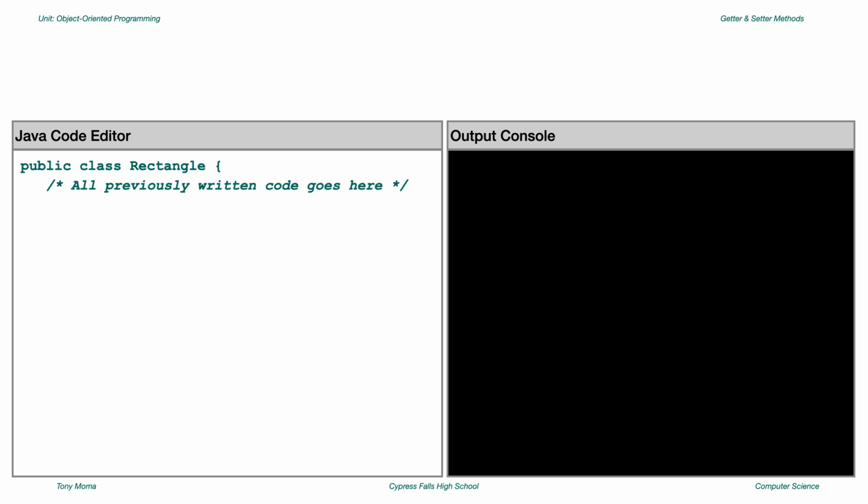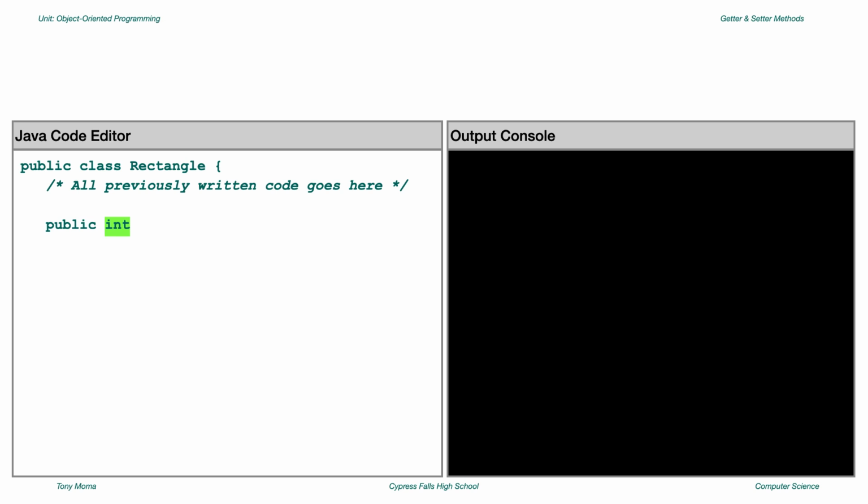Now, to the getter method. How do we write a getter method? First rule of thumb, getter methods are always public. Next, the return type. The return type for a getter method always matches the type of the variable that we're trying to get. In this case, we're trying to get the length variable, so the return type is going to be an int because that's the type of the length instance variable. Then the method name.